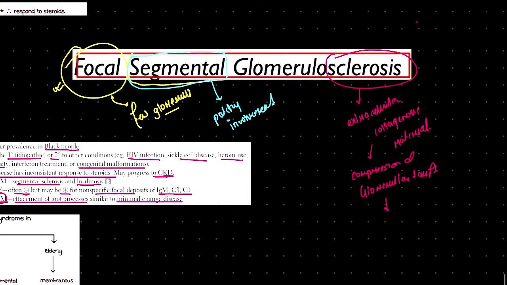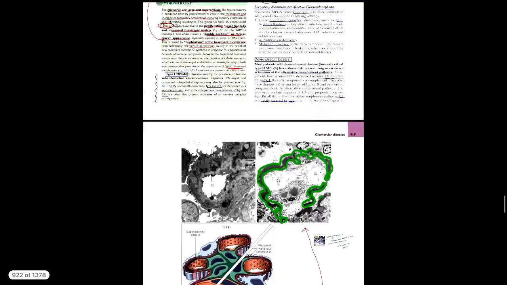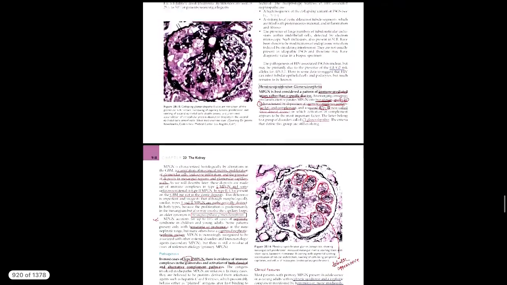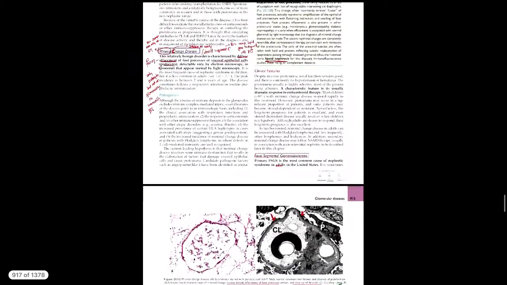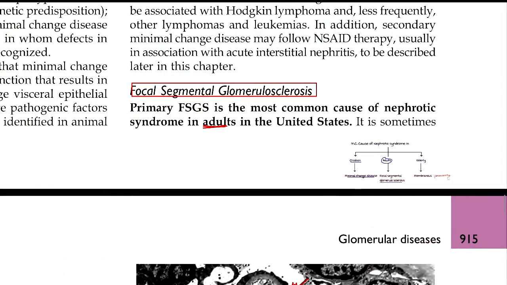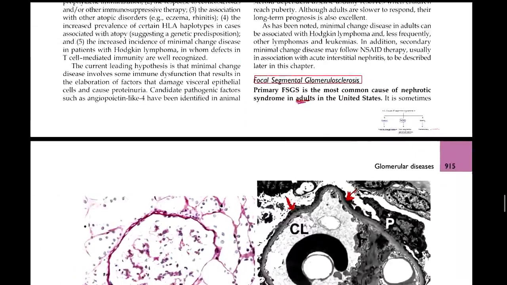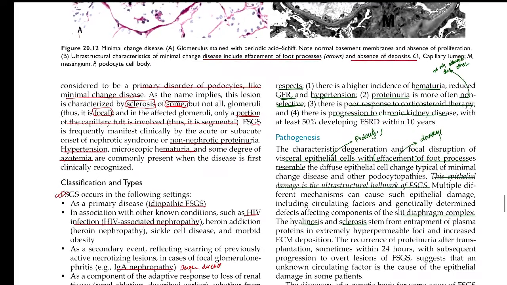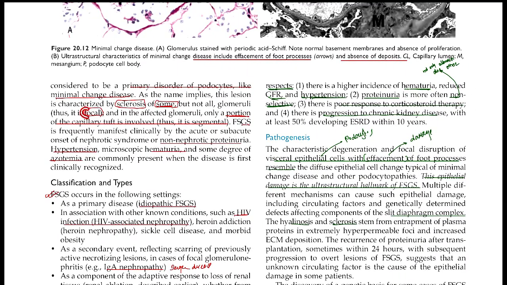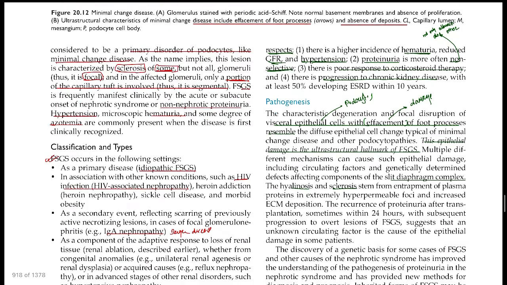Now if we look at Robbins, we'll see there are several descriptions regarding these points, right? Yes, the topic starts right here. It is the most common cause of nephrotic syndrome in the case of adults, similar to what we discussed. It is talking about focal sclerosis, different causes, secondary causes, hypertension, clinical manifestations.